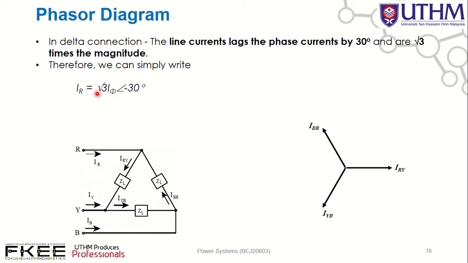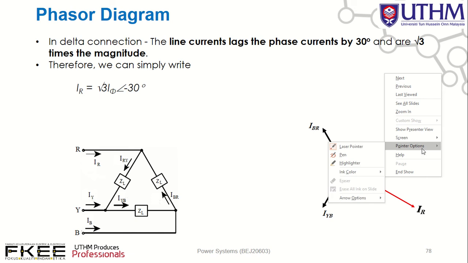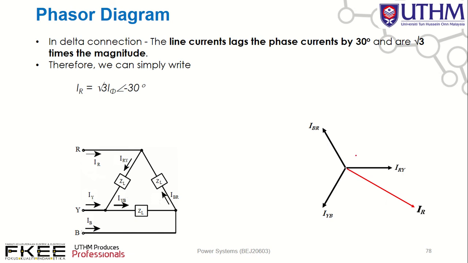So we can see that the magnitude of the line current equals square root 3 I phase, but the angle equals negative 30 degrees. This is the reference for your phase current IRY.